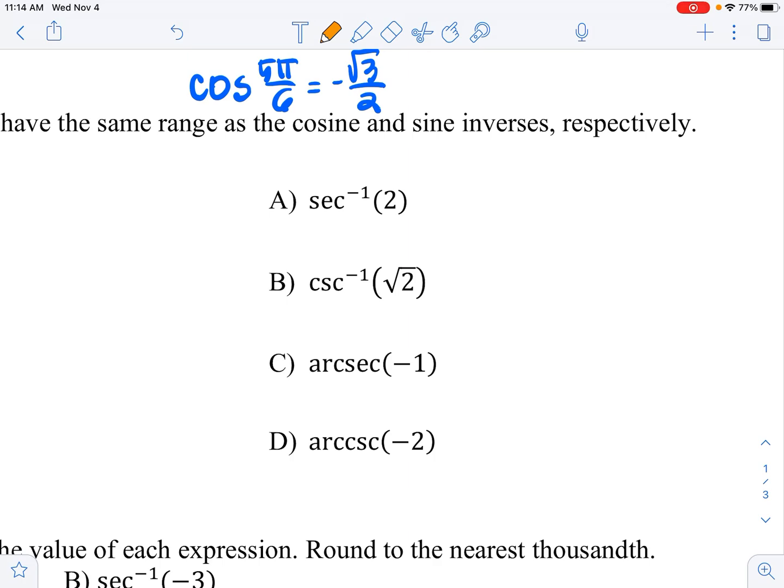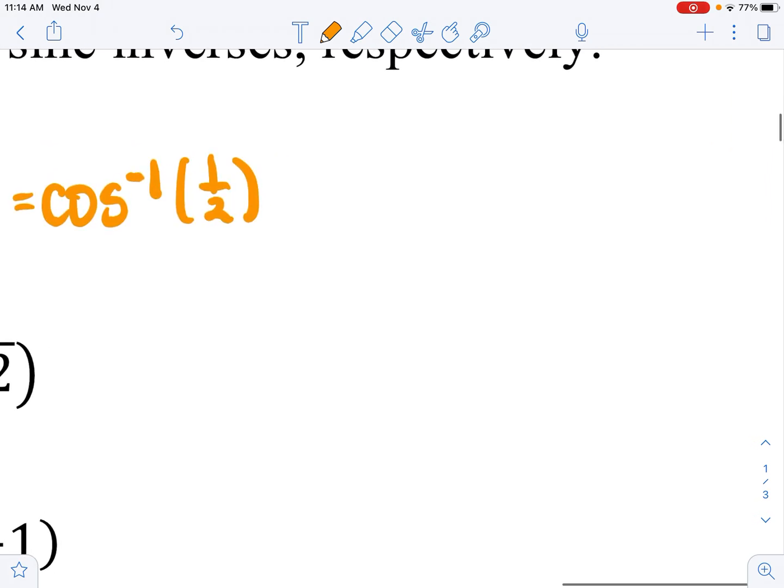It says secant inverse of 2. So I'm looking for the angle that has a secant of 2. And then I say to myself, I don't have secants memorized. So what you can realize is that secant inverse, I can change to cosine inverse, which is its reciprocal. But then I have to take the reciprocal of 2, which is 1/2. So I'm going to pretend it said cosine inverse of 1/2.